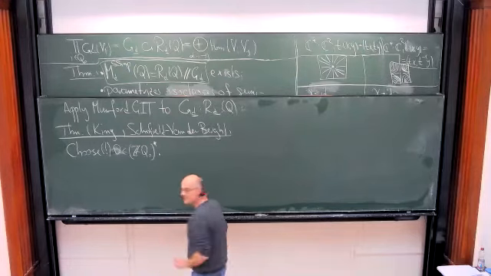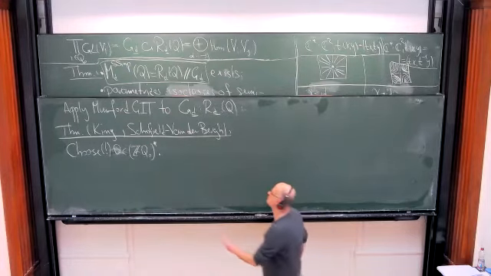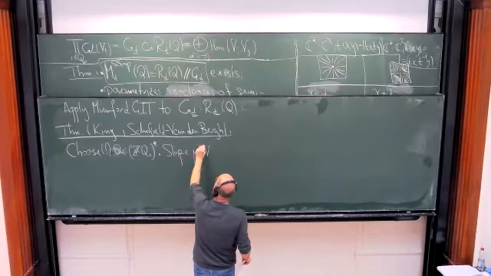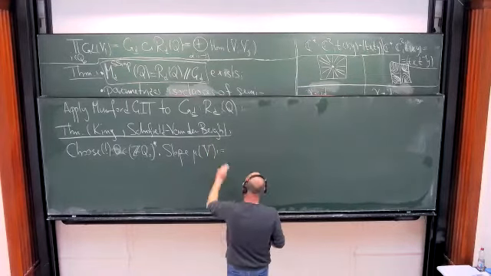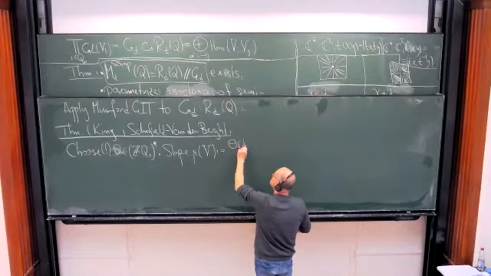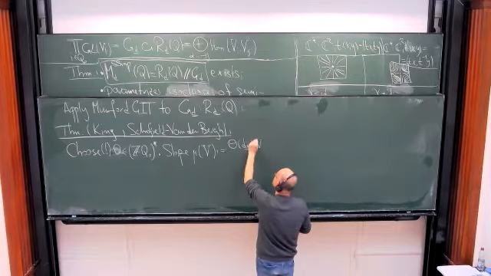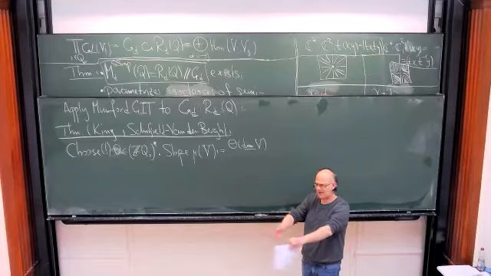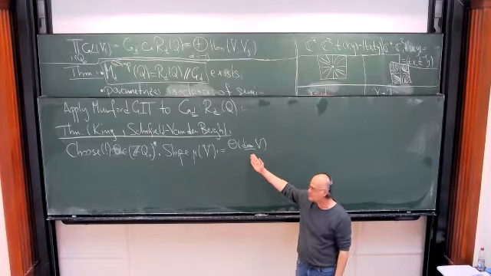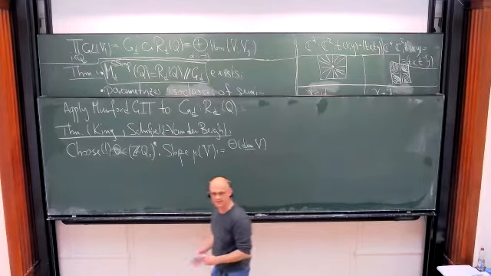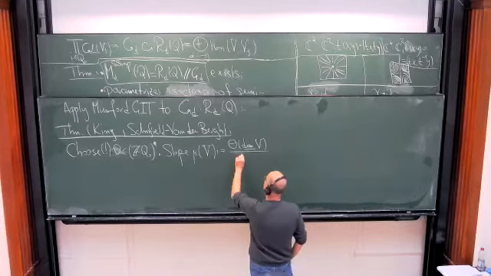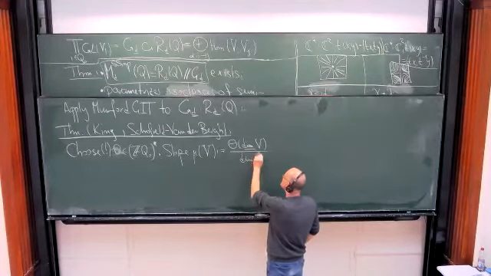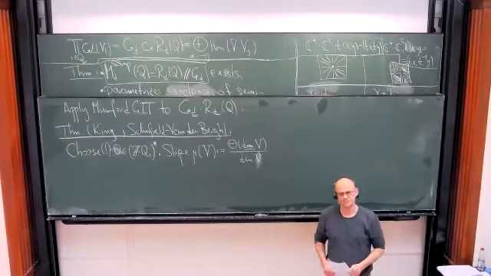So after this choice, we define the slope of a representation. Slope mu of a representation V is now defined as, well, apply theta to the dimension vector of V. The dimension vector of V is this whole vector recording the dimensions in a quiver representation, and we can apply this linear function theta to it, and we divide by dim of V, which is the total dimension of the representation.